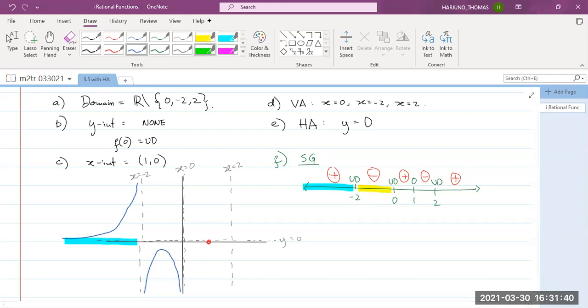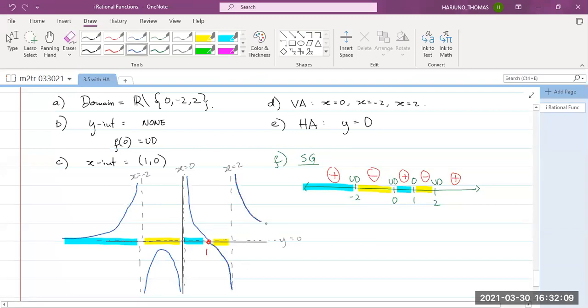Between 0 and 1, it is above the x-axis. Actually, at 1, you have the x-intercept there. Between 1 and 2, it is below the x-axis. And then from 2 to infinity, it is above the x-axis. So that's what the graph looks like.